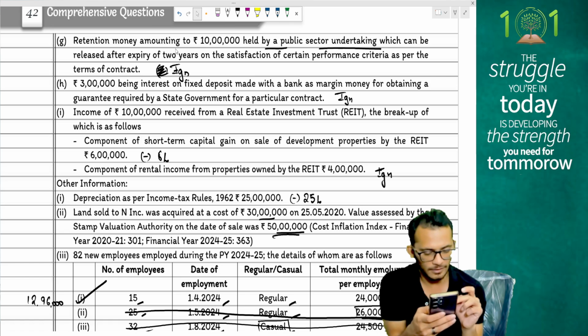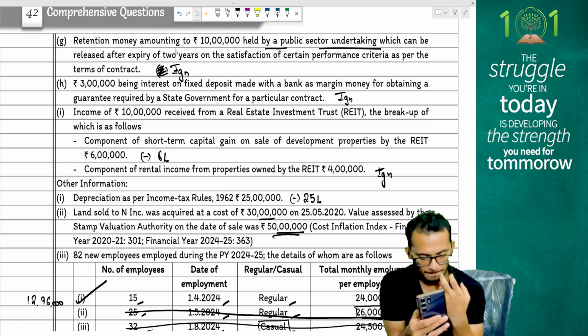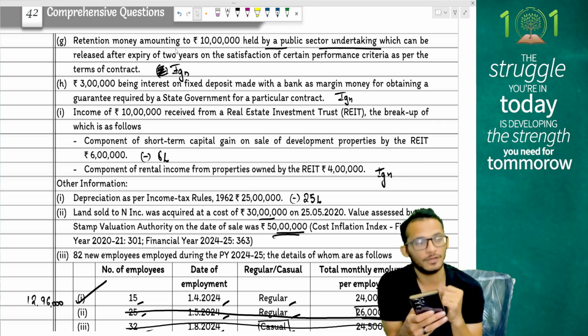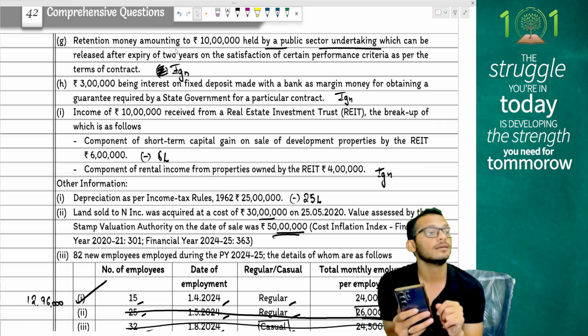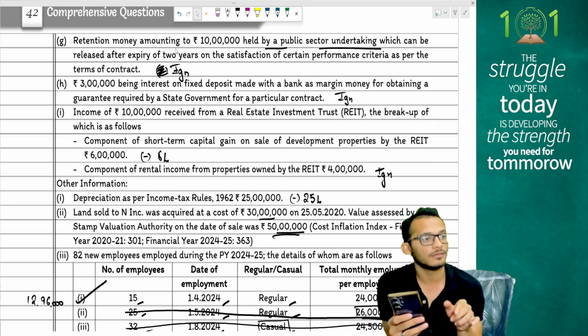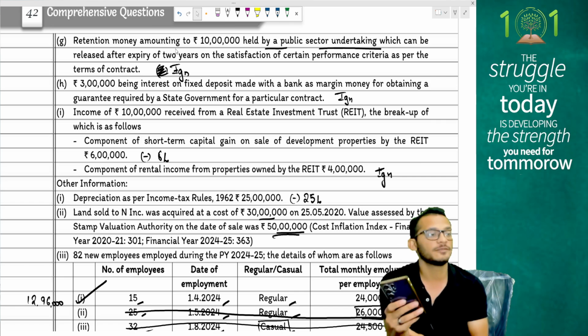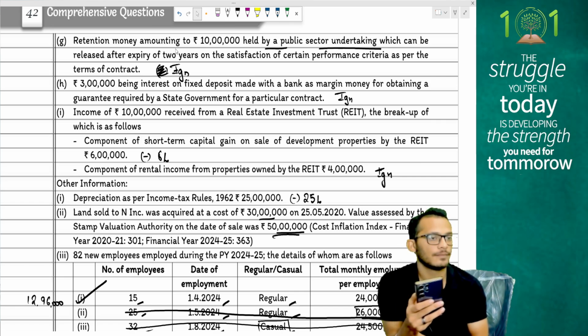Adjustments become negative 6 lakhs. Next line says PGBP, and the final answer goes to the last column.